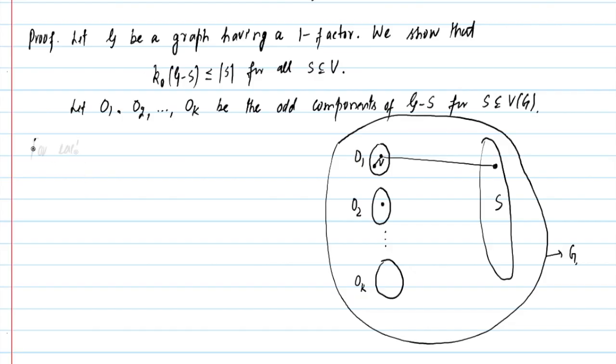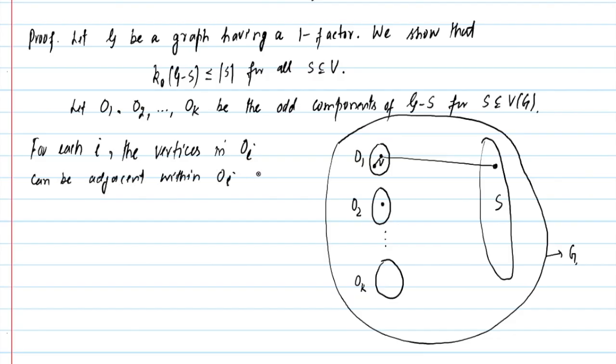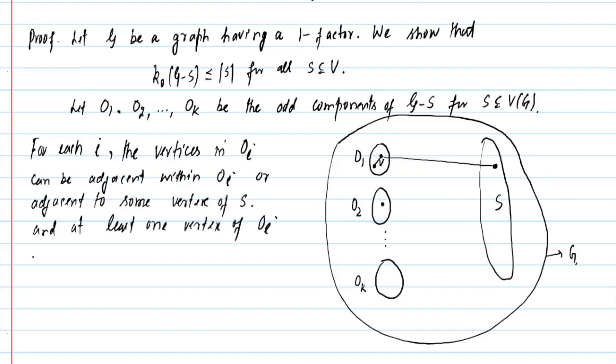Now for each I, the vertices in OI can be adjacent within OI or adjacent to some vertex of S, and at least one vertex of every OI must be adjacent to a distinct vertex of S. Now this vertex is distinct because of this reason.